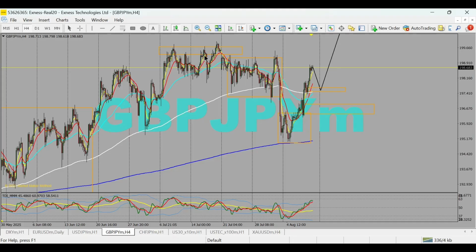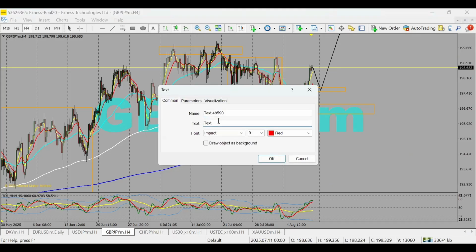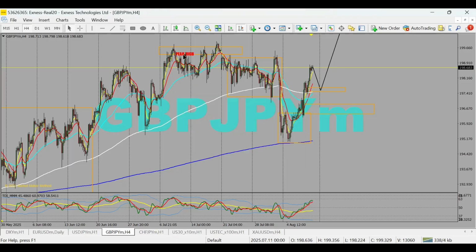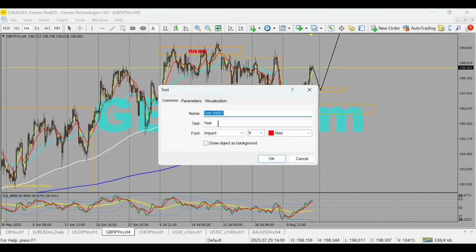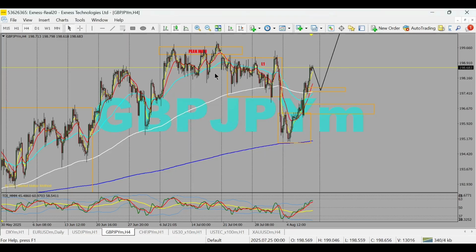Okay, so let's just label. This is our peak formation high. Remember, this is our peak high right there, and we have our level 1 here. We expect one level of rise or push before price gives us a reset.